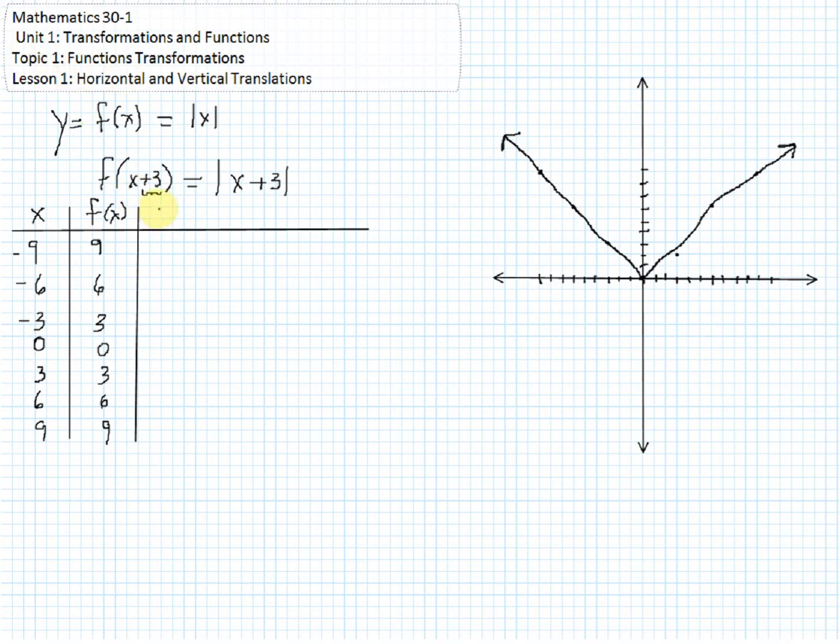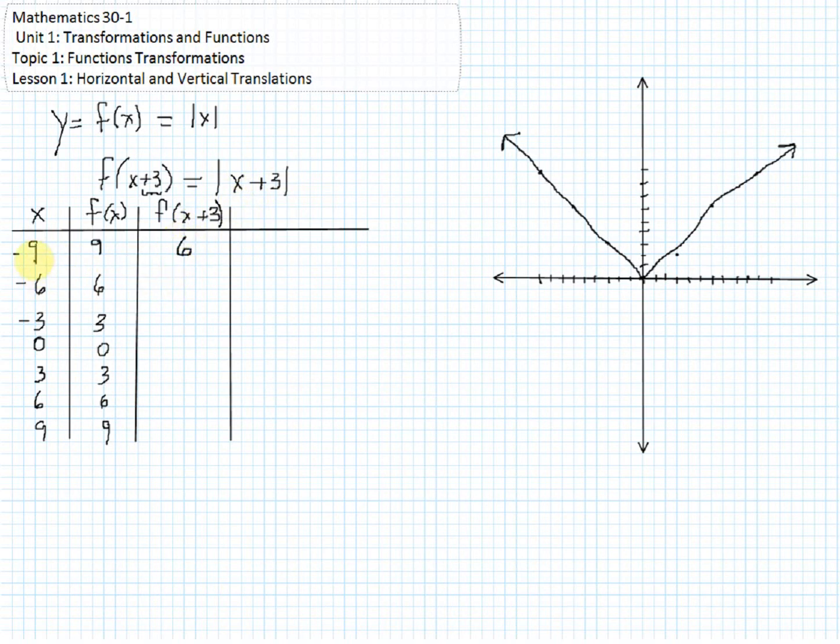Now let's look at f of x plus 3. So when we start with our x value, we've got -9. We add 3 to that -9, and that gives us -6. The absolute value of -6 is 6. So we have 6.